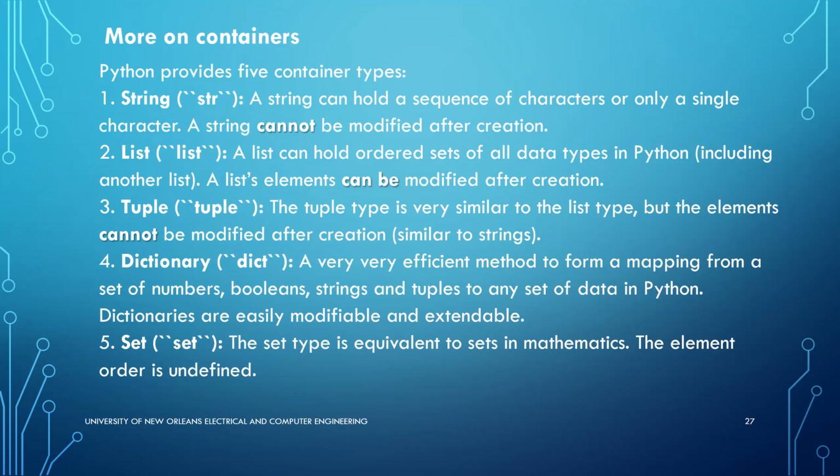Lists and tuples support indexing, so we can access information in lists and in tuples, as we remember from the previous two lectures, by identifying the index and getting to the data that way. So those are the 5 types of containers that we have in Python.